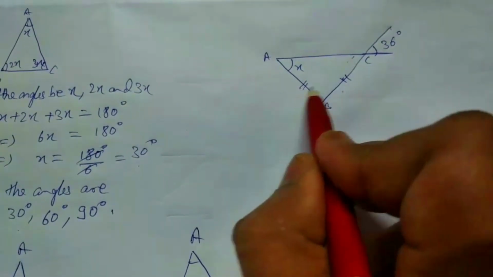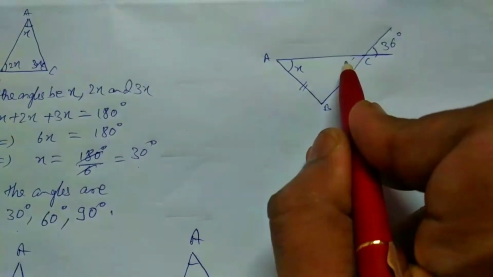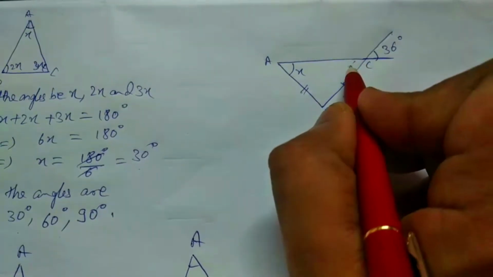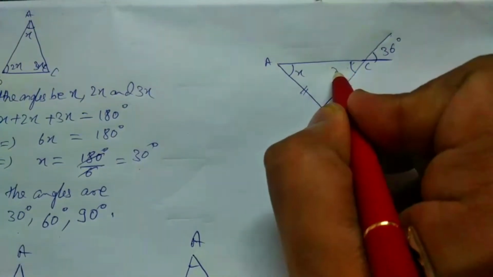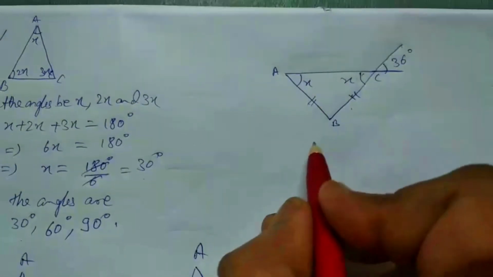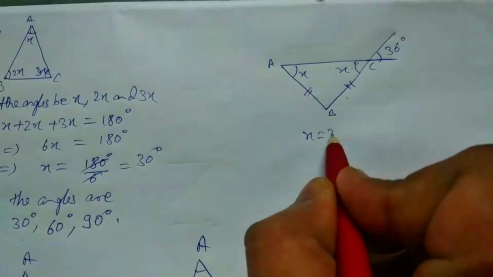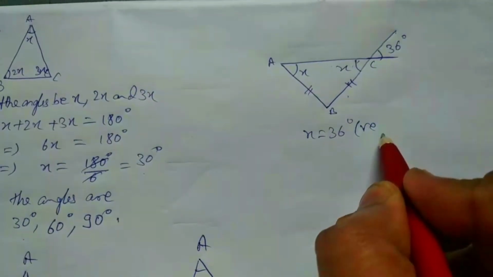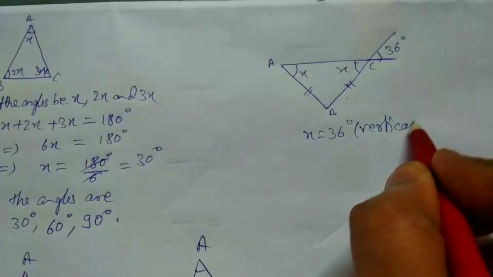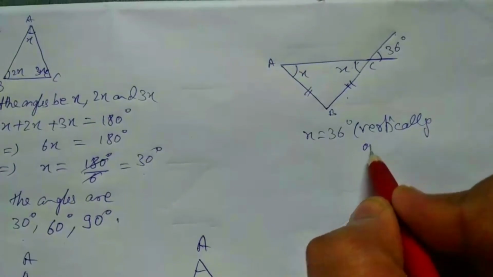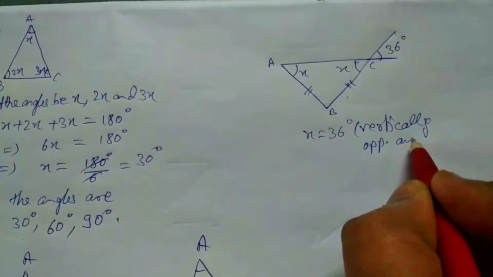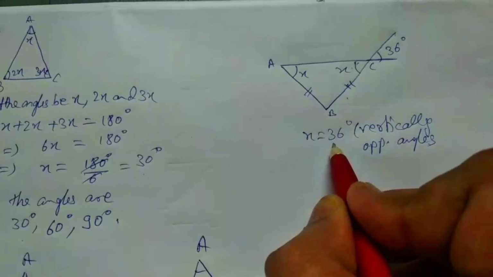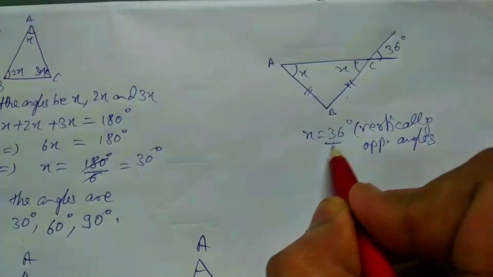So if these two sides are equal, then these two angles are also equal. So this angle will also be x. Now x is equal to 36 degree. Why? Because they are vertically opposite angles. So we have got the value of x as 36 degree.